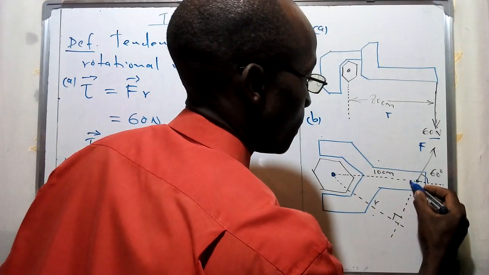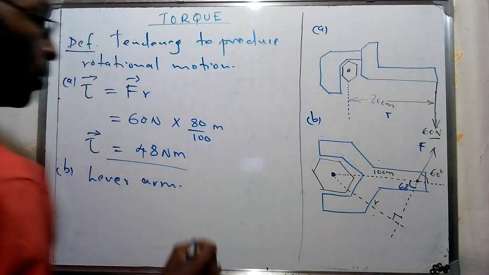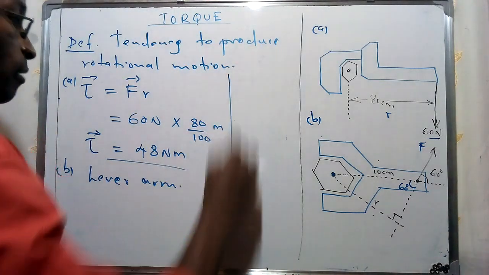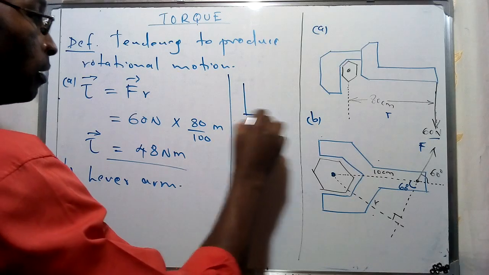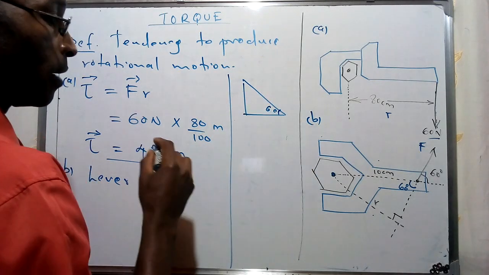But from our geometry, this is going to be forming an opposite angle in this particular case. And therefore, we shall have a right triangle being given in that particular section, which is going to be having this specific dimension. So we shall have 60 degrees given as that one.